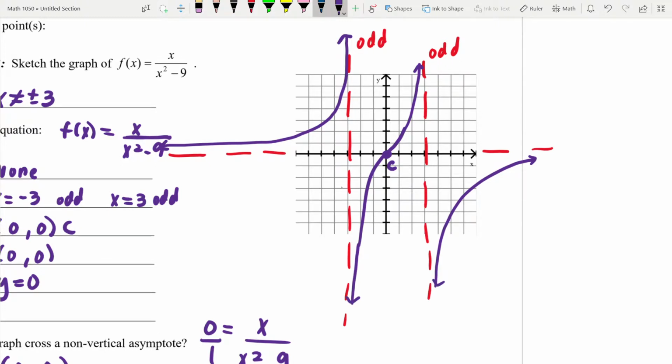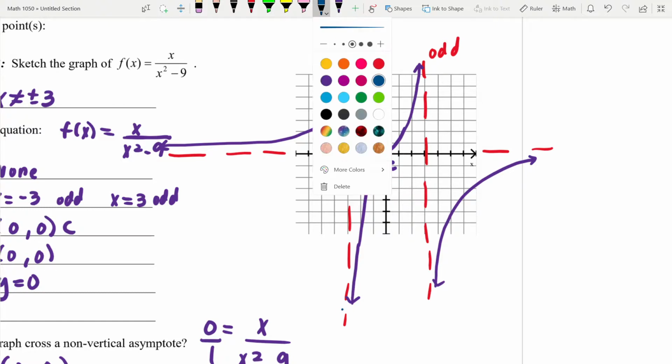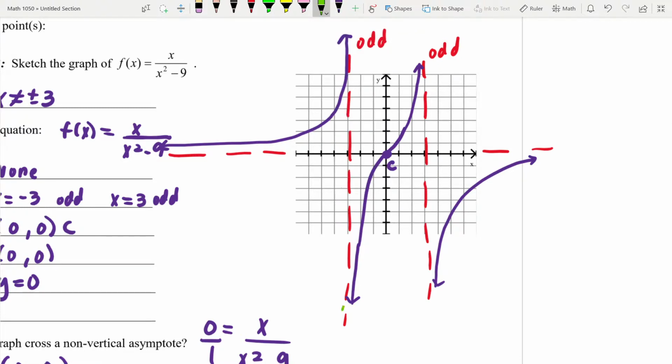Okay, watch this. Down low, let me change colors. How about this one? Down low, swing up, and get to that asymptote. This asymptote is odd, so if the green is down low, on the other side it has to be up high.